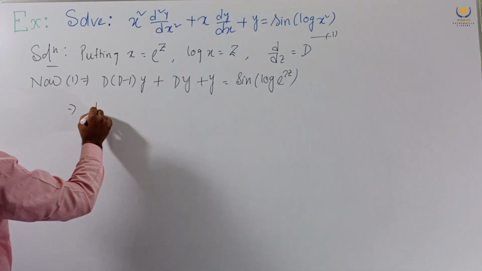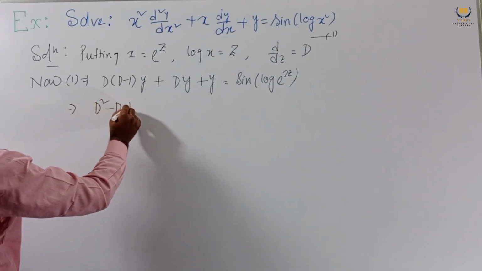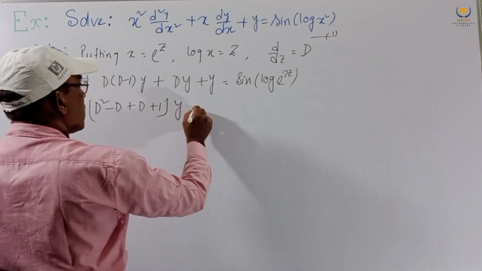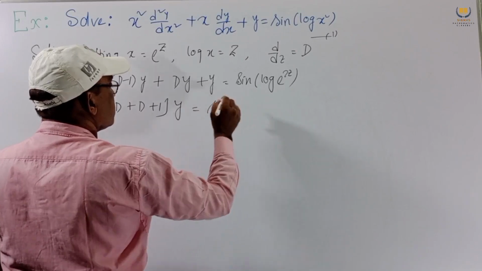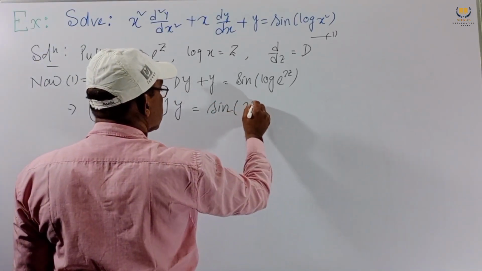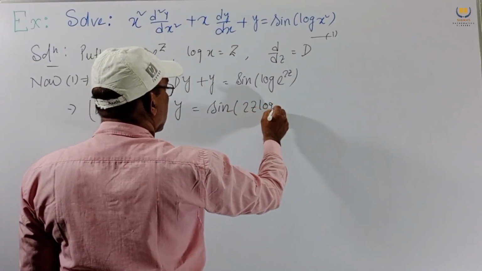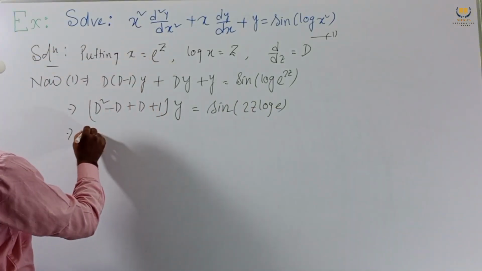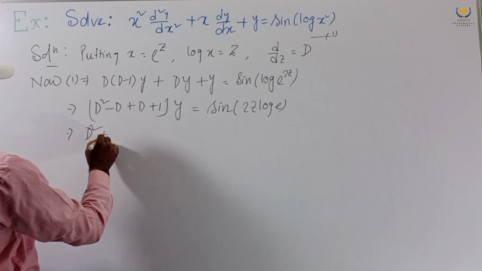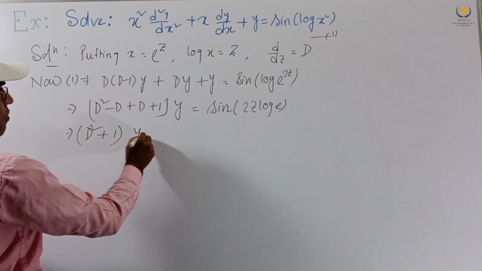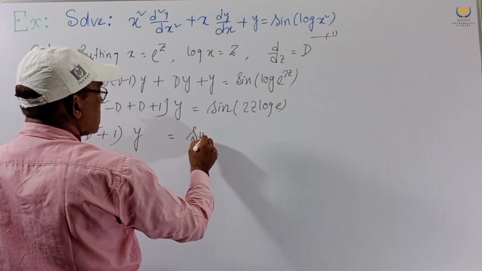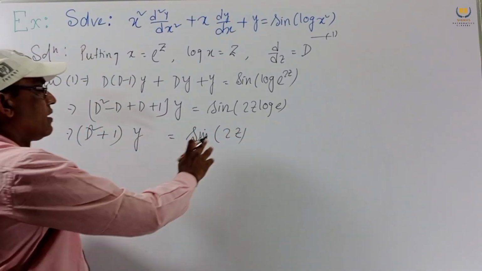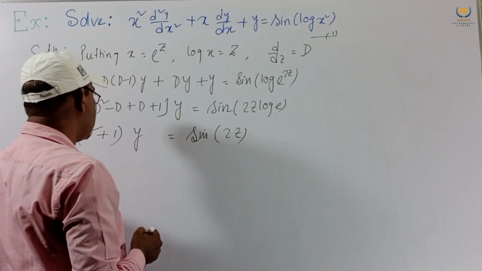So this will be D square minus D plus D plus 1, then y is common, equals sine 2z log e, or we can write (D square plus 1) y equal to sine 2z, we get this one.